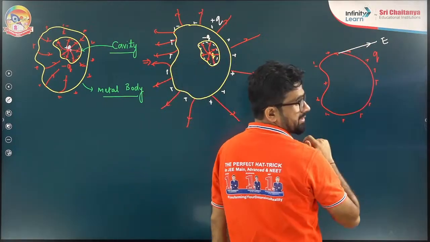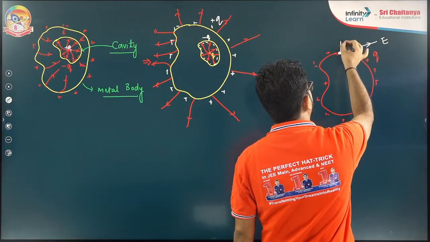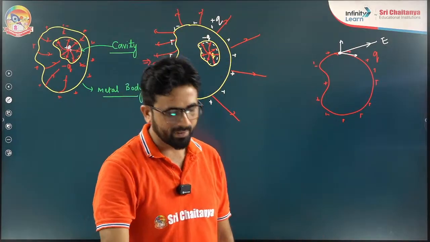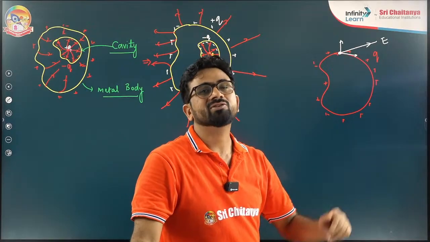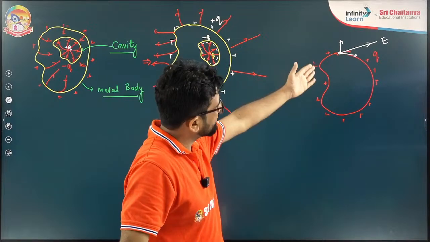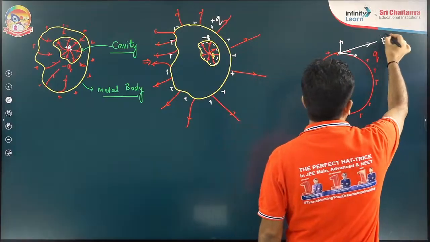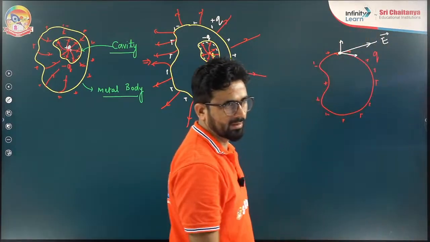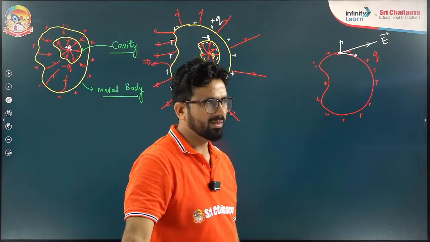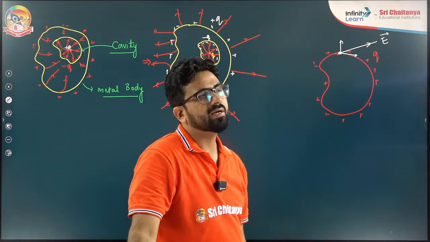If you draw this field line, that means the field line has two components. Now you say, sir, what is the meaning of component of a field line? Yes, a field line does not have components. Field lines indicate the direction of the field. This is the electric field, a vector quantity, so I can resolve this electric field into two directions: perpendicular to the surface and along the surface.